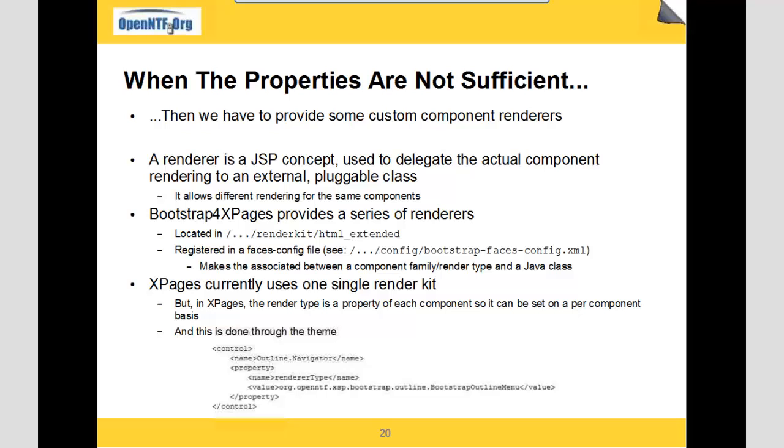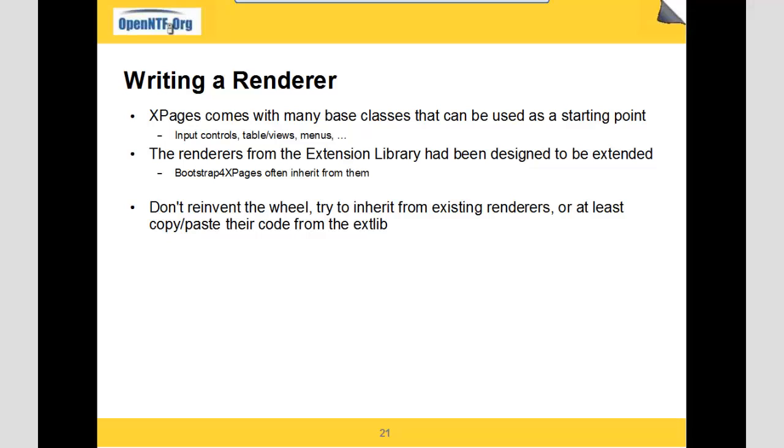And all the renderers are in one particular directory. They are either written from scratch for some of them, or they are inheriting from existing renderers located either in the core XPages library or in the XPages extension library.